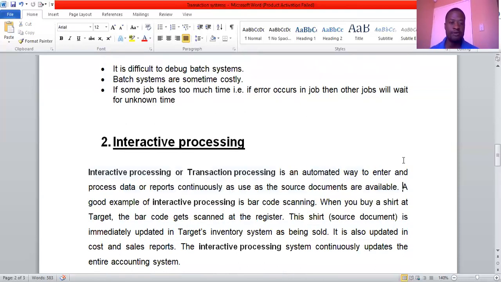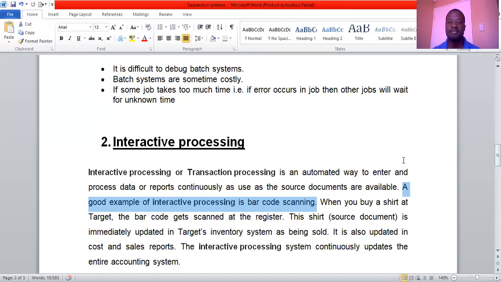A good example of an interactive processing system is barcode scanning. I know you guys have been to the supermarkets. You bought some items or groceries, and you have seen this system, the barcode scanning, where you come to the teller and the cashier scans the barcode of your item, and that is processed right on the spot.